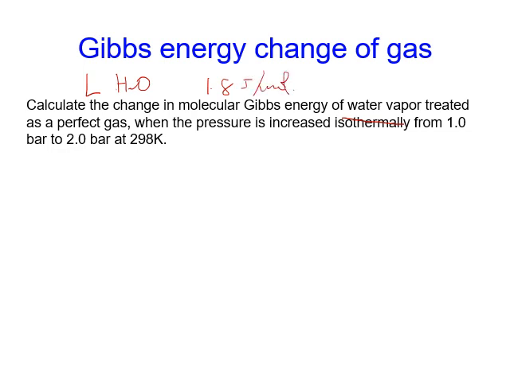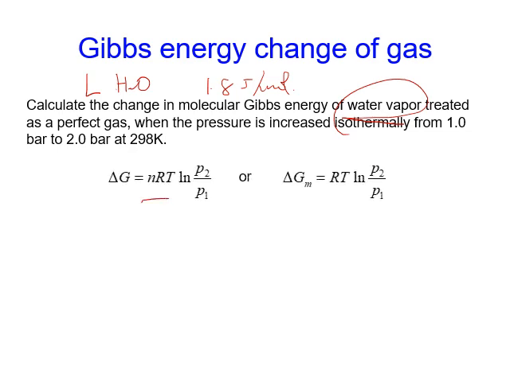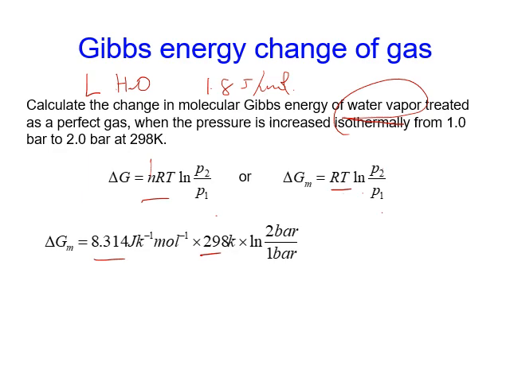Now for the gas phase, we should use the equation nRT ln P2 over P1. For molar Gibbs energy change, we use RT because n is 1. So plug in the gas constant, temperature, and ln P2 over P1. What we have is 1.7 kilojoule.